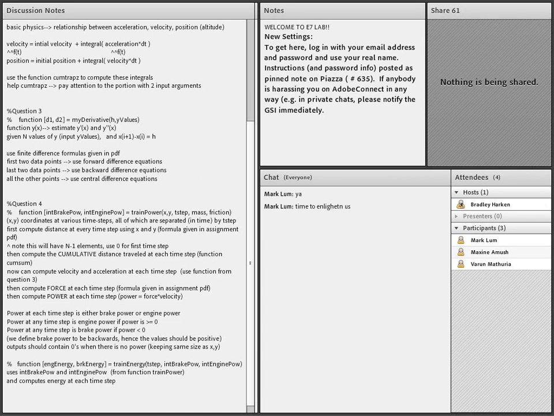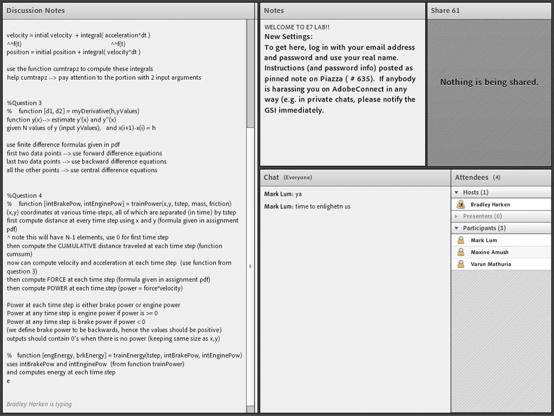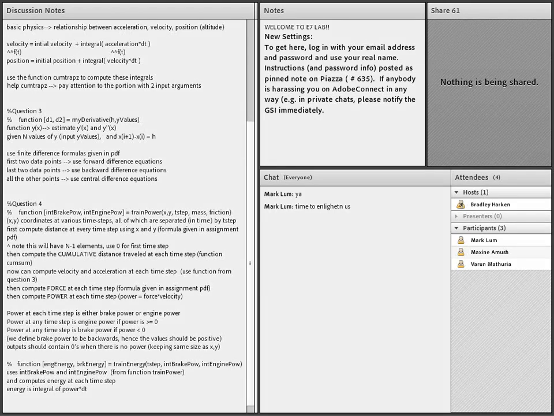So energy is the integral of power times dt. So we're just integrating power with respect to time.